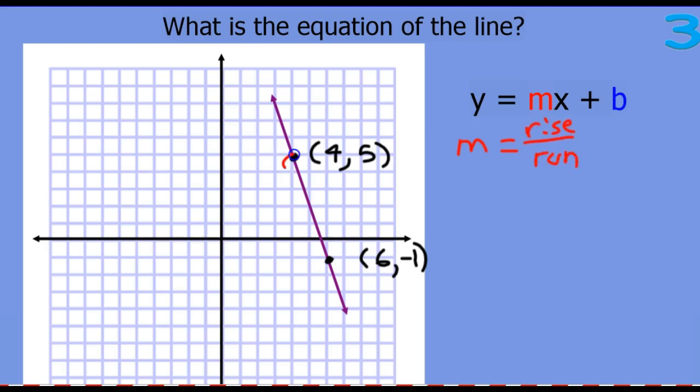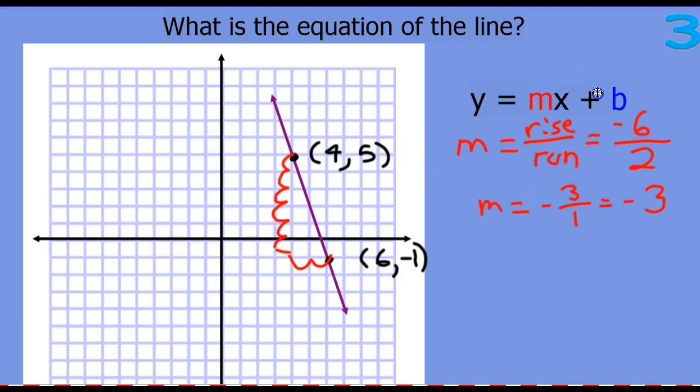I'll go down negative 1, negative 2, negative 3, negative 4, negative 5, negative 6. And I'll go over 1, 2. So negative 6 over 2, or our m is negative 3 over 1, which is just negative 3.